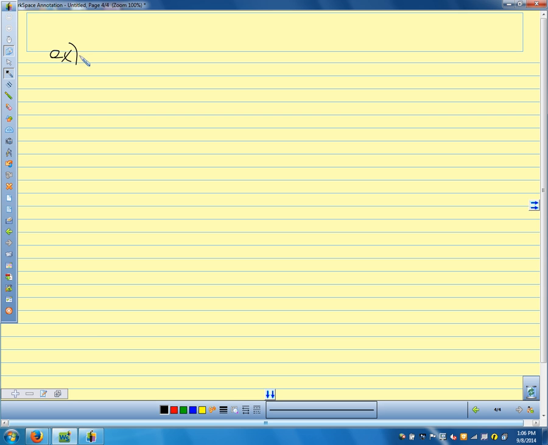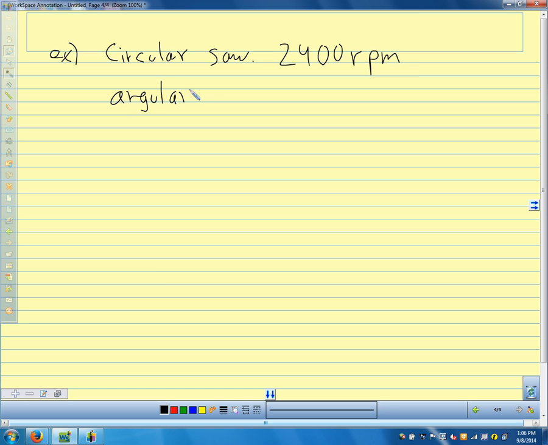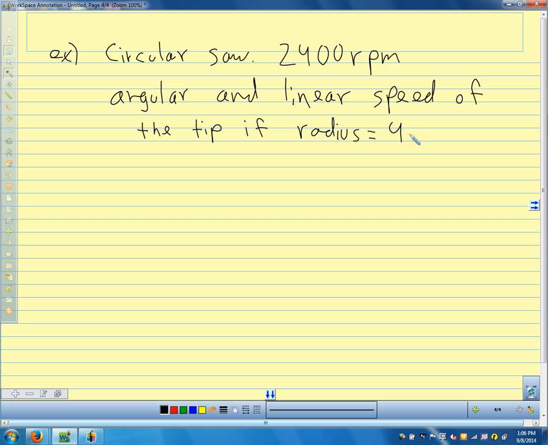So let's say we have a circular saw. And our circular saw rotates at 2400 RPM. We want the angular and linear speed of the tip of the blade if our radius is 4 inches.